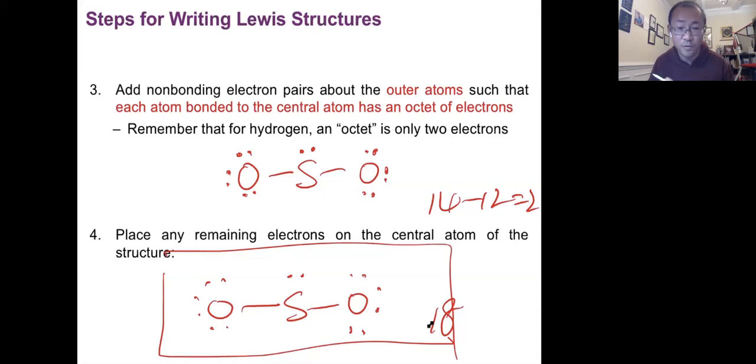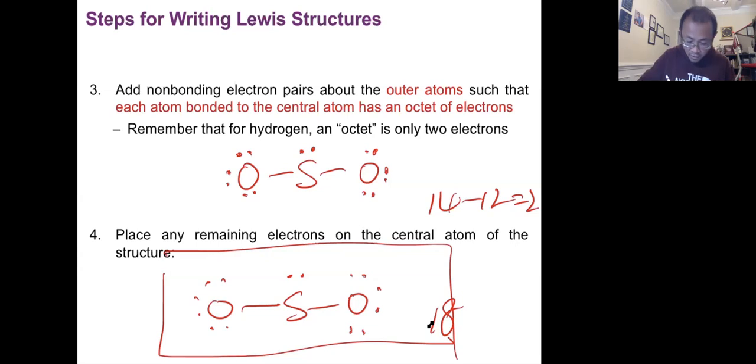We didn't ask if sulfur is happy or not. Sulfur still needs 2, but we don't have any more. We used 18. You cannot put 2 more on sulfur. But sulfur is still not happy.